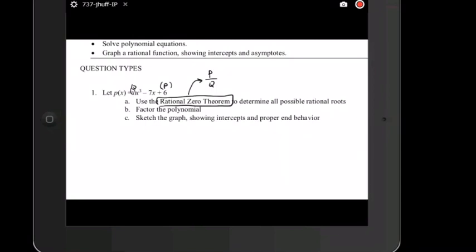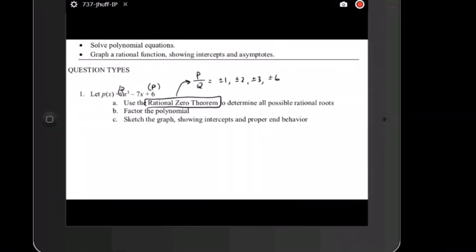So P divided by Q in this case is factors of 6 divided by 1, which is just going to be the factors of 6, so plus or minus 1, 2, 3, and 6. So that answers part A, determine all possible rational roots.